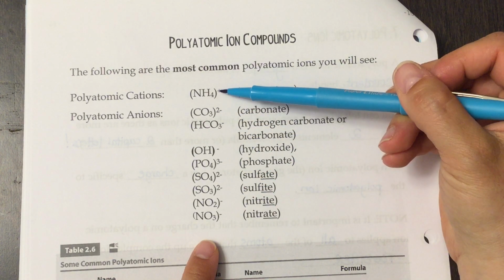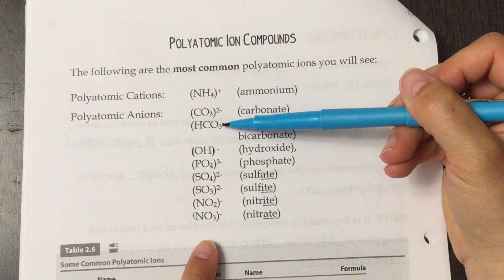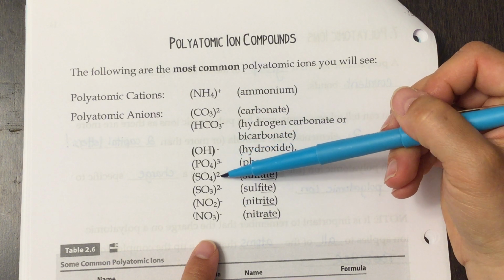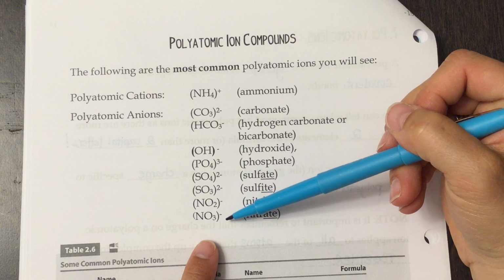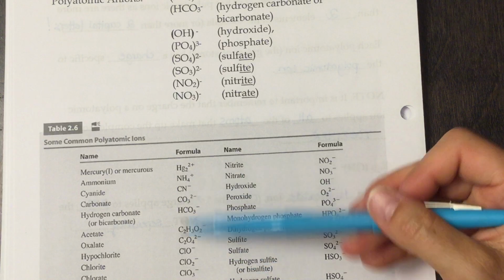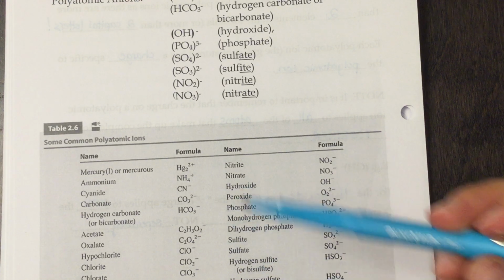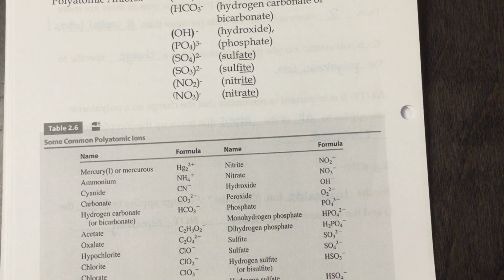So here ammonium is +1, but all the rest of them are anions: -2, -3, -1, -3, -2, -2, -1, -1. And then here's another list that helps you find the polyatomic ions as well. So we're going to take a look at the next page, and I'm going to show you what I mean.